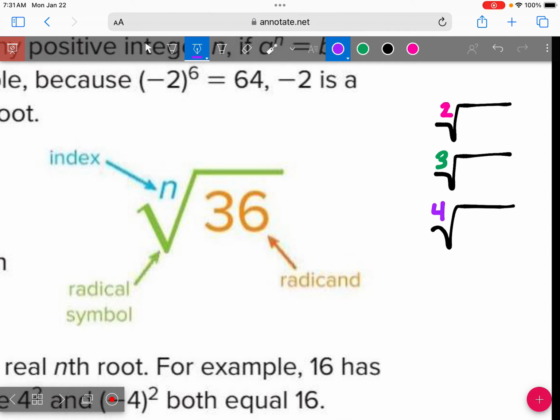All it means is that in our index, we're going to pull out our perfect squares. We're pulling out groups of 2. With our index of 3, we're pulling out groups of 3. We're pulling out perfect cubes. Index of 4, it's perfect quartics or fourths or groups of 4.